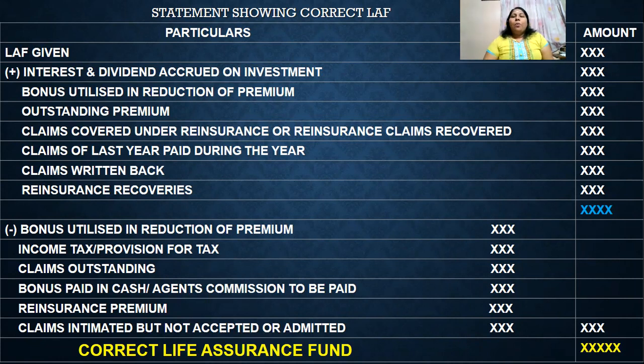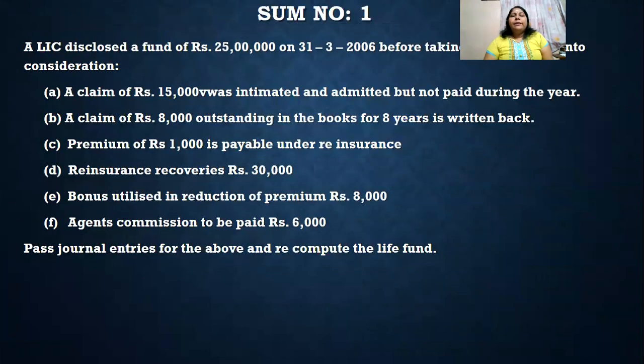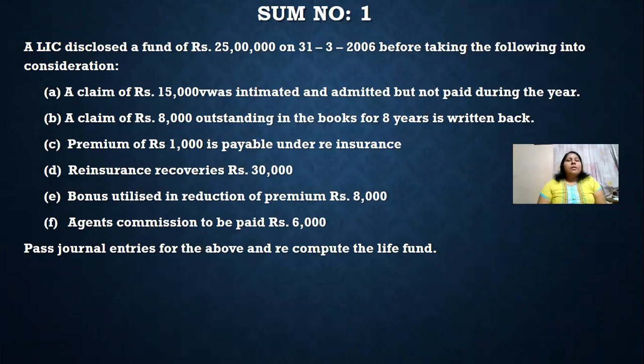Let me check one problem on how to calculate the correct life assurance fund. Look at this problem. LIC disclosed a fund of rupees 25 lakhs on 31/3/2006 before taking the following information into consideration. A claim of rupees 15,000 was intimated and admitted but not paid during the year.